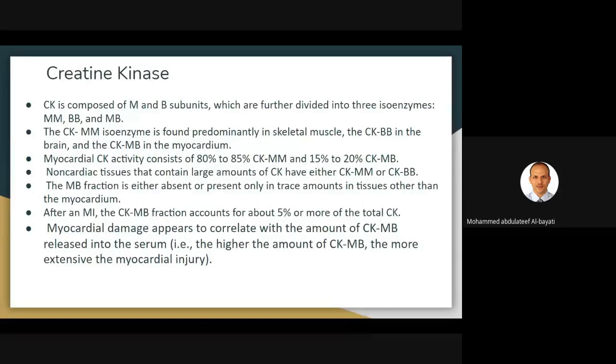We come now to another gold standard marker for the diagnosis of myocardial infarction, which is an enzyme called creatine kinase. Creatine kinase is present in cardiac muscle and skeletal muscles, but it is absent in smooth muscle.